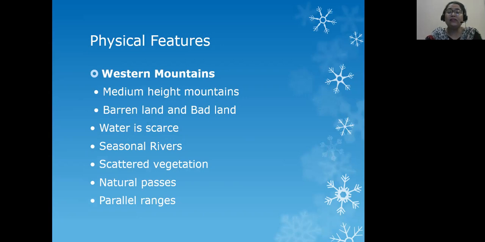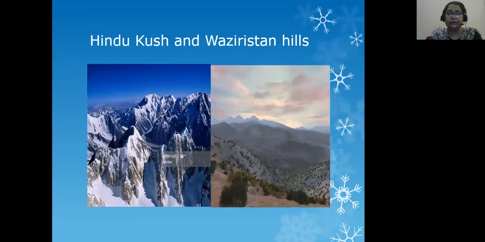This region has very scanty and scattered vegetation, and there are some natural passes. Natural passes are the openings which allow the movement of people, goods, and animals. They may also connect one country to another or one place to another.